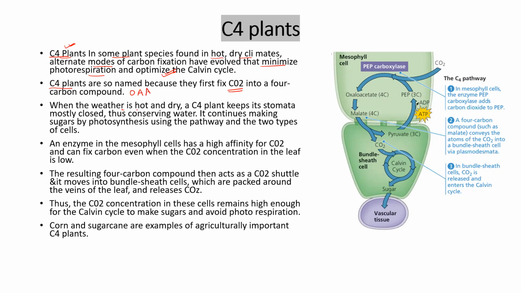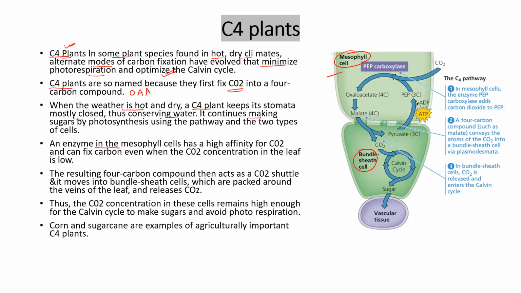So when the weather is hot and dry, C4 plants will keep their stomata mostly closed to save water, but they continue to prepare sugar because they have developed two types of chloroplast. Dimorphic chloroplast they have developed. The mesophyll cell chloroplast is with grana and the bundle sheath cell chloroplast is without grana.